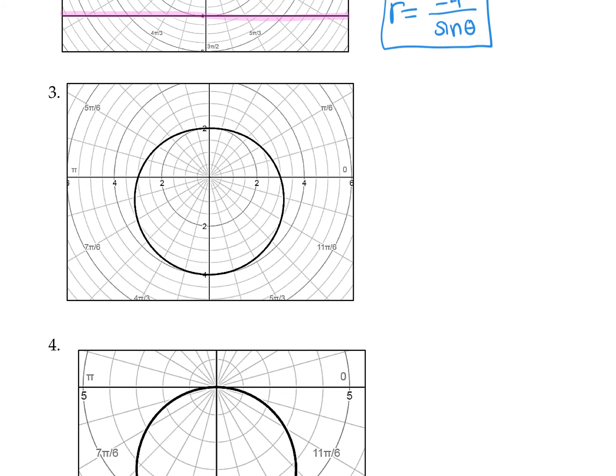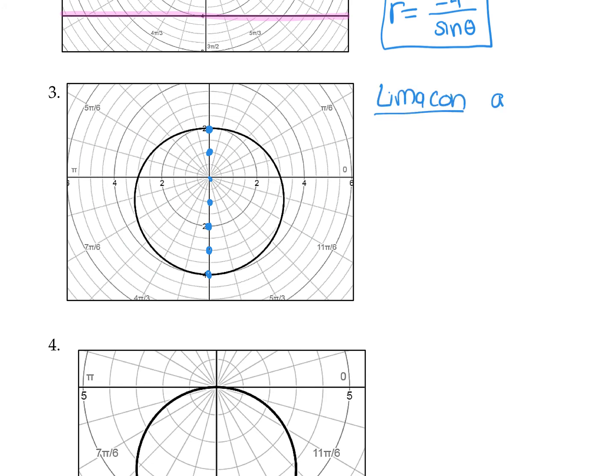All right, in 3 and 4, we have to differentiate between a circle and a limacon. So if I look at this graph, I can see that it's 1, 2 to that side, and 1, 2, 3, 4 to the other side. So it's not going to be a circle. A circle is either centered at the pole or is tangent to the pole. So this cannot be a circle, so it must be a limacon.